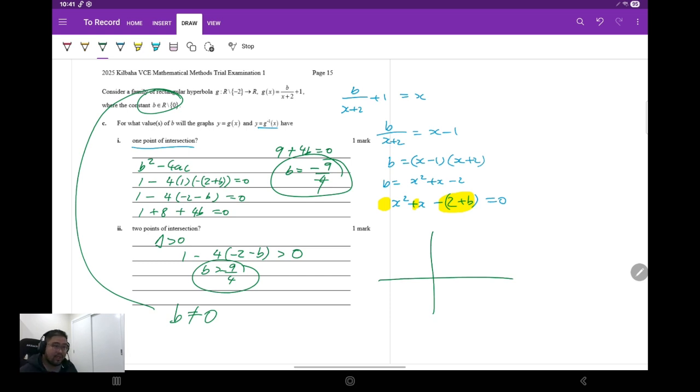No, that's pretty much it. So we've got the solution here that b can be negative 9 on 4 to infinity, but we need to make sure that we exclude b equal to 0, excluding b equal to 0 because of that restriction that we've got. And that's about it.